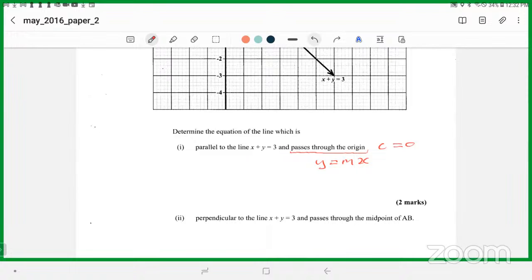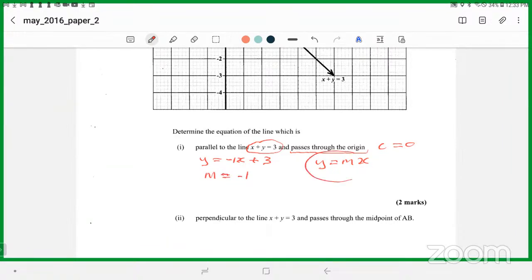We can get the gradient by putting this line in the form y equals mx plus c by transposing the x. It's going to become y equals minus x plus 3. When this is just a minus x, it's just like a minus 1x. So the gradient that we're talking about is -1. So far, so good? Yes, sir.